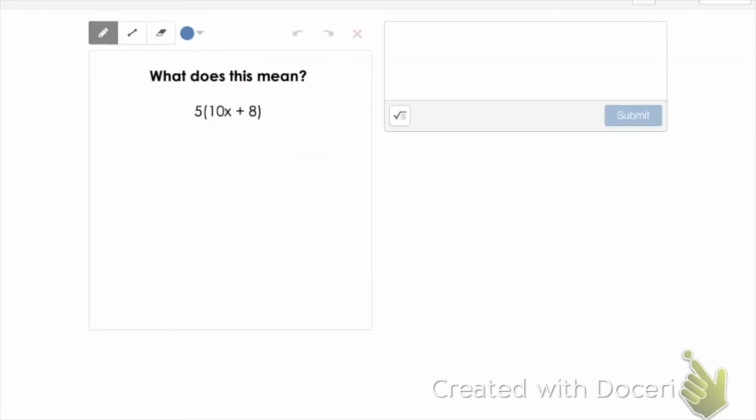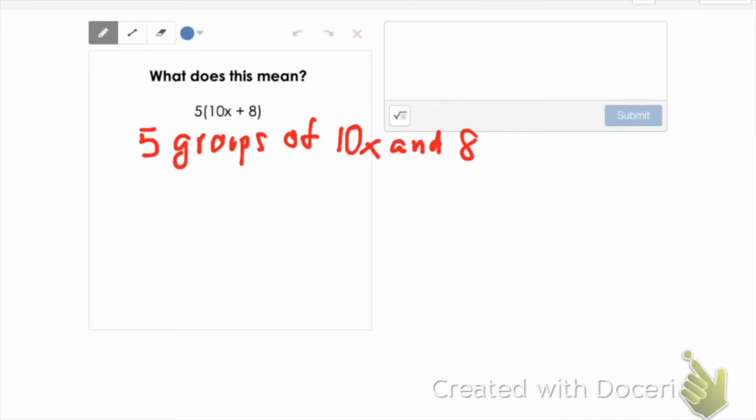So now how can we use the distributive property to simplify an expression? We have 5 times 10x plus 8. This means we have 5 groups of the quantity 10x and 8. So that means we need to write 10x plus 8 five times.